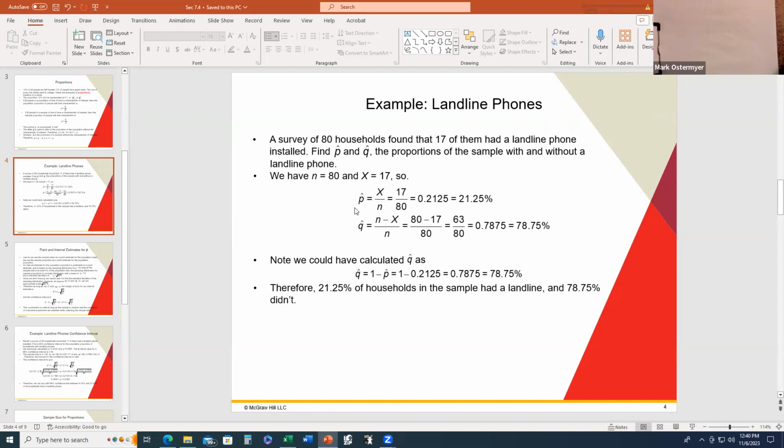So the sample proportion, P hat, would be 17 divided by 80, which would be 0.2125, or we know that is 21.25%. Q hat is going to be 1 minus P hat, or in this case, the number of households that do not have a landline, which is 63 over 80, which is about 78.75%. So notice Q hat and P hat always add up to 1.